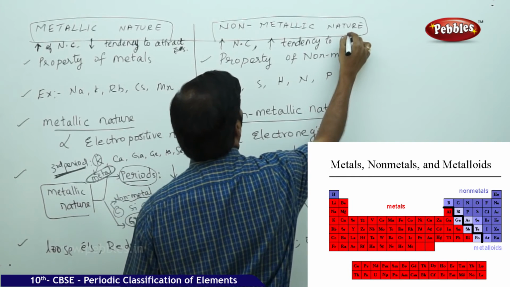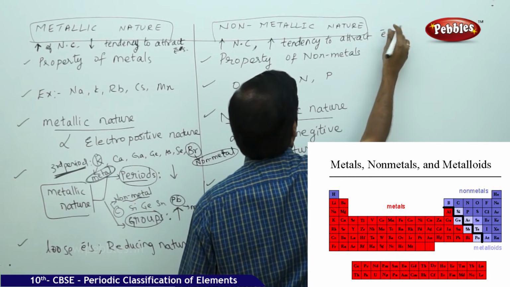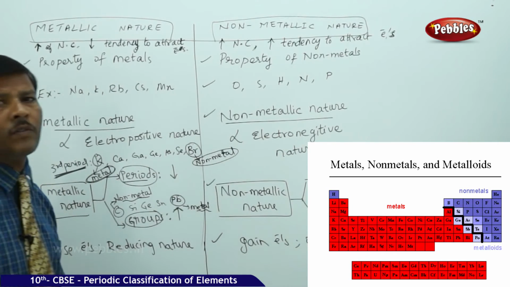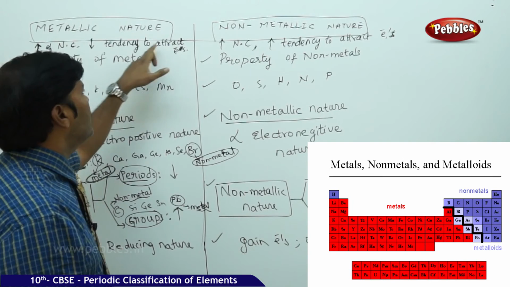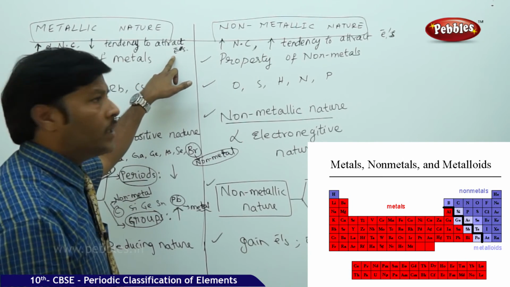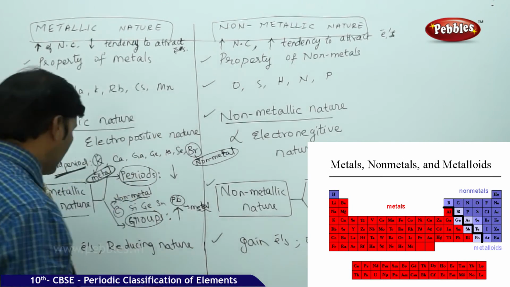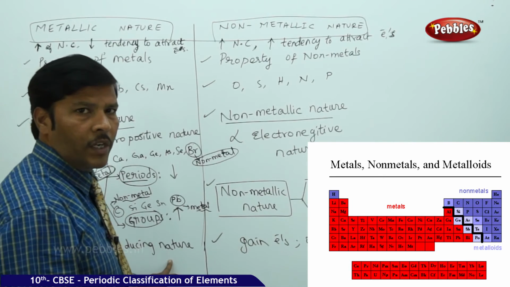Increase of nuclear charge will decrease the tendency to attract electrons by the nucleus. Therefore the metals can easily lose electrons, and they can show the reducing nature property.